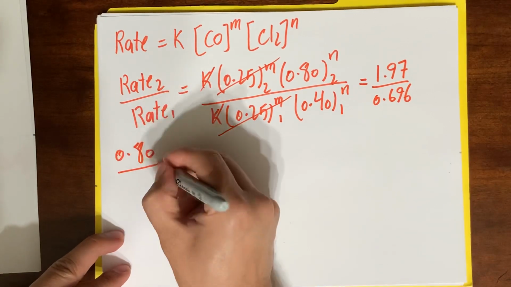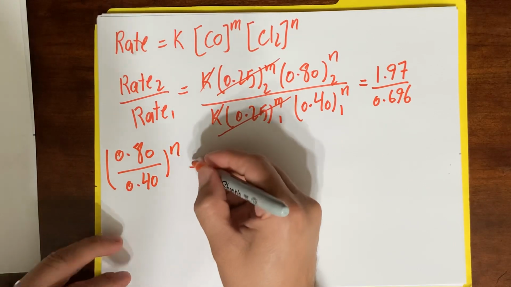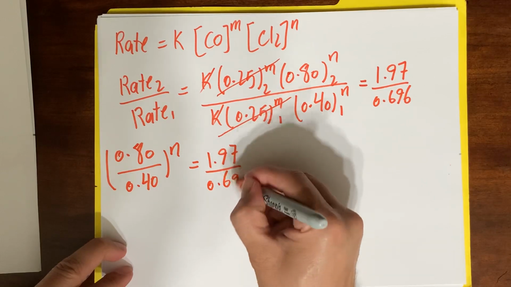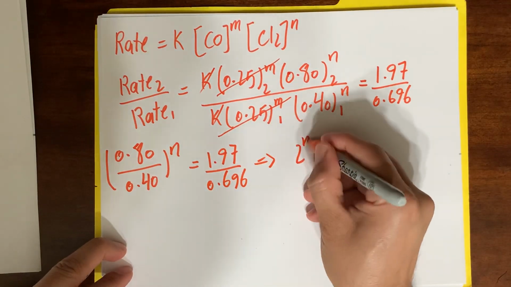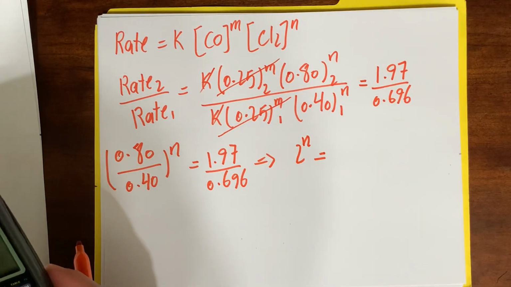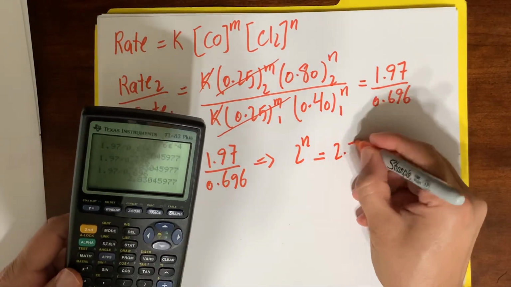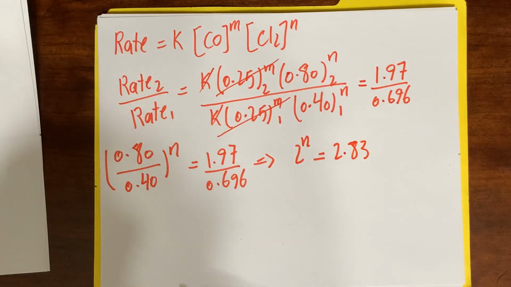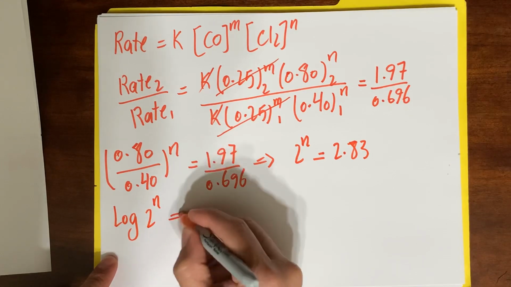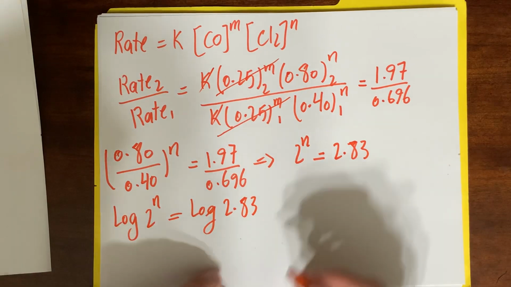Okay, so I get 0.80 divided by 0.40 to the power of N equal to 1.97 divided by 0.696. 2 to the power of N equals 1.97 divided by 0.696, and this one is 2.83. Let's take the log of both sides. Log of 2 to the power of N is equal to log of 2.83.